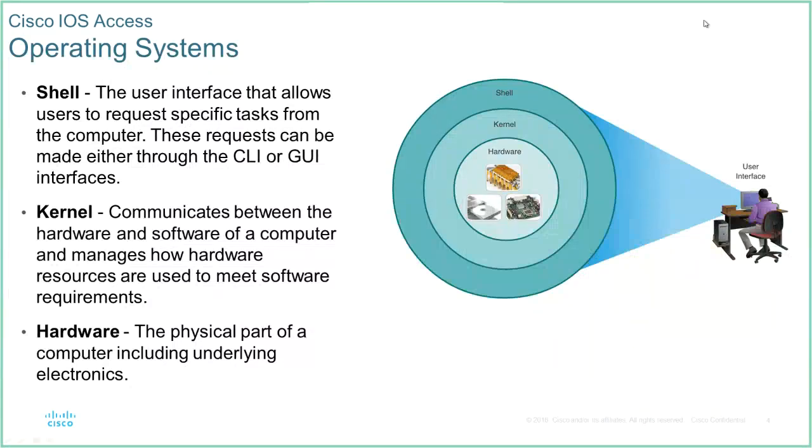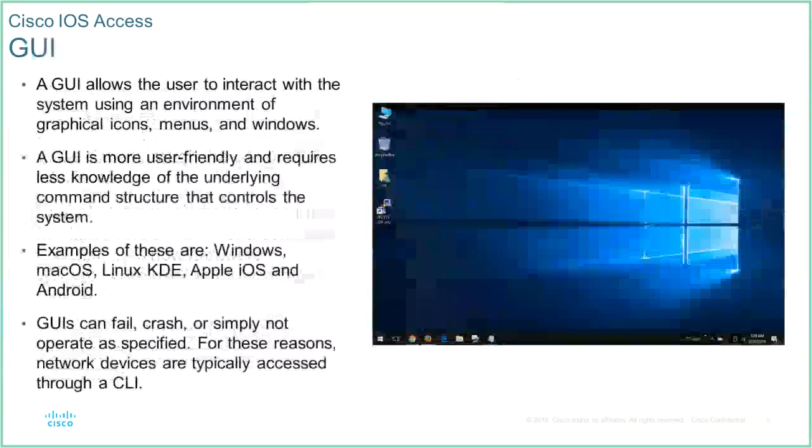Now, when we deal with a Cisco operating system, the shell is command line interface, whereas a Windows 10 or 7, that would be a graphic user interface. So it's just about how you display that user interface to get input and communicate with your user on the platform.